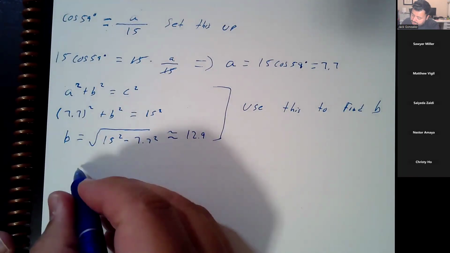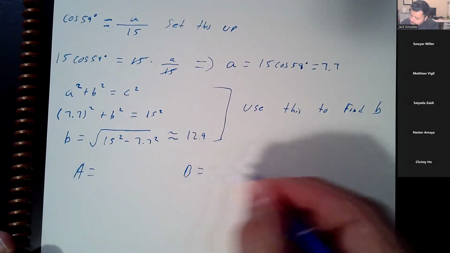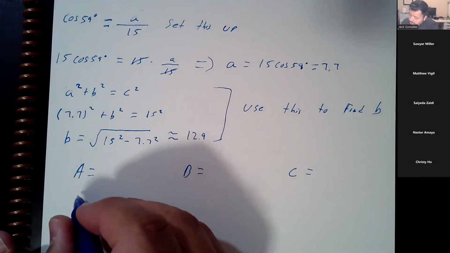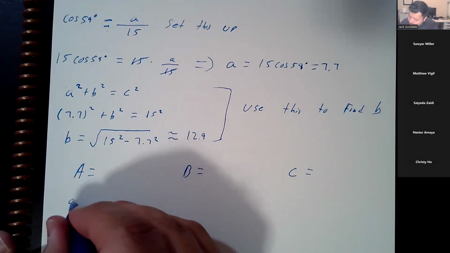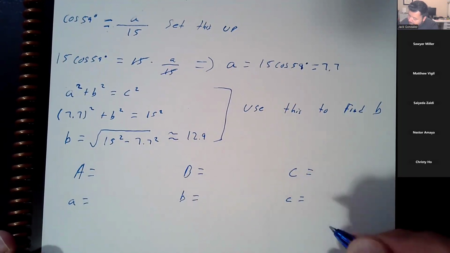Let's write them all down. What is angle A? What is angle B and C? What is side a, side b, side little c?